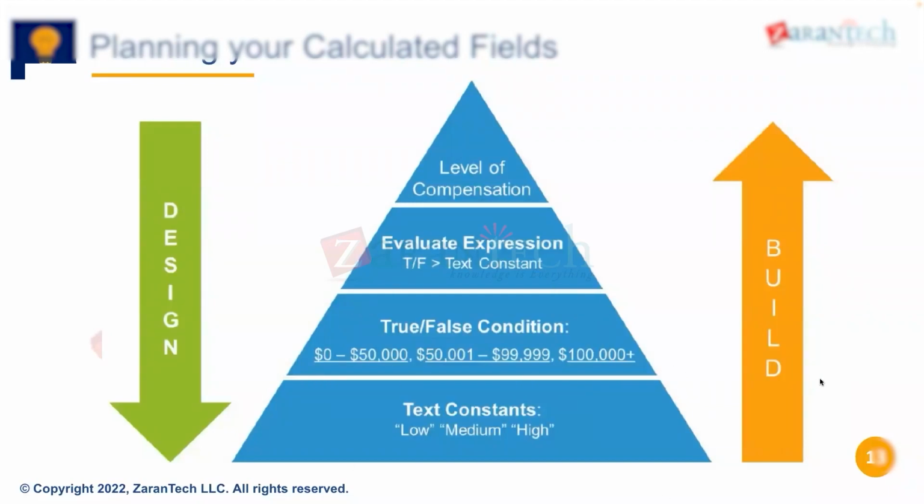Then in the build phase, the one which has been validated least will come here, and the one which is evaluated the least will come right at the bottom. So this is how you design your calculated fields when coming to evaluated expressions as a whole.